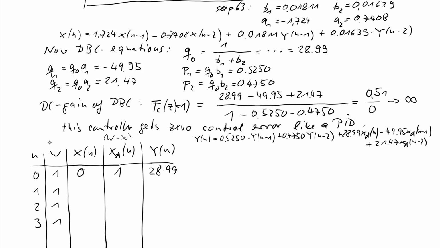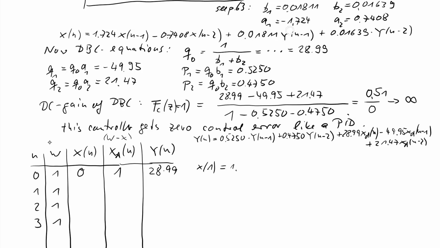Independent of this, the next step is I need x1. I expect 2 steps. This is a DLP controller with a second order system, so I need 2 steps. So in the first step, this could not be a 1. Let's calculate this result with n is 1. x1: x0 is 0, x minus 1 is also 0, so these both values are 0. Here we have x1.